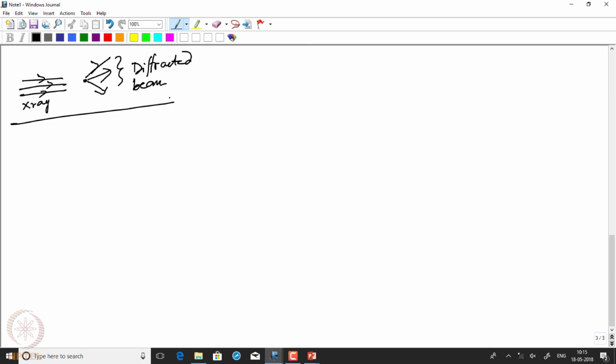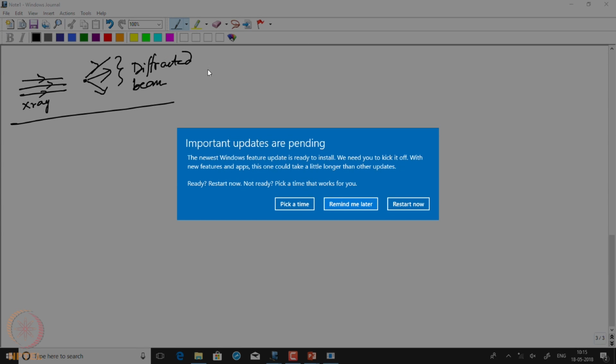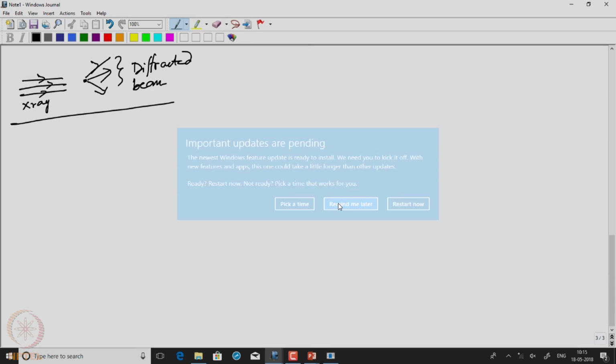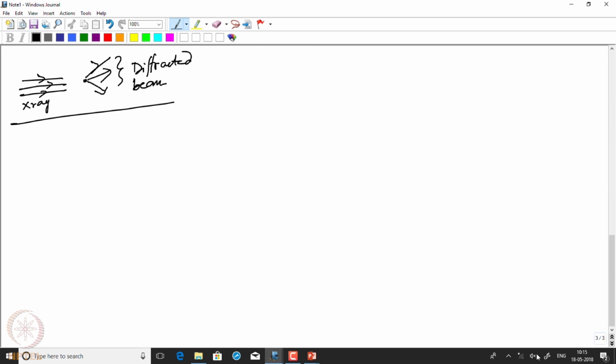So, we need to understand how these waves are superposing. We need to understand a little bit of superposition of waves.